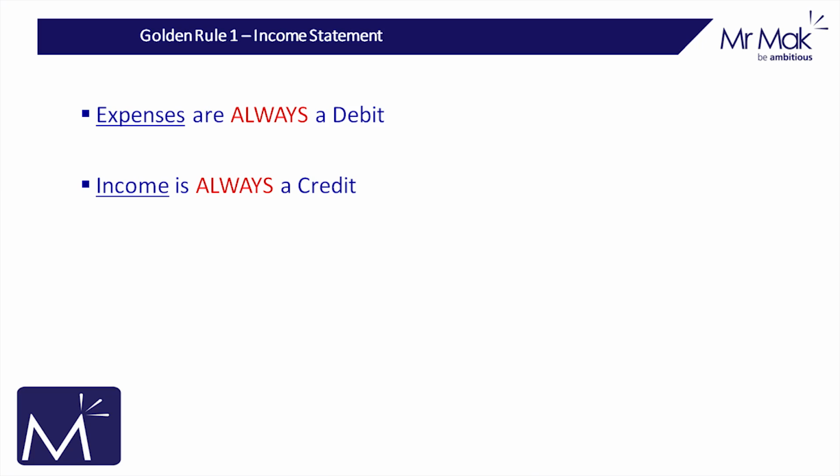The first rule, when you are looking at the income statement, or specifically if you're looking at revenue and expenses, income is always a credit and expenses are always a debit. Let me repeat that. For income statement transactions, revenue is always a credit and expenses are always a debit.